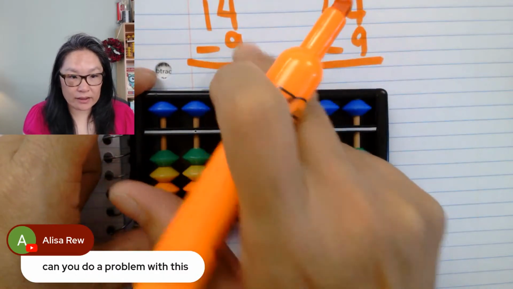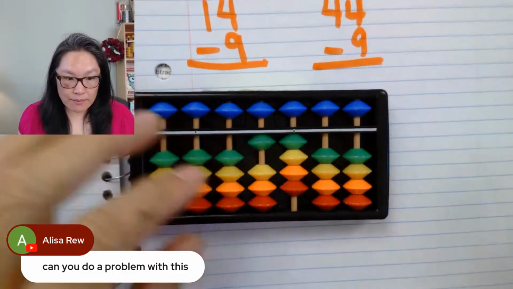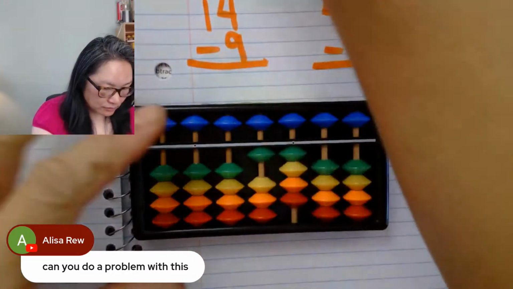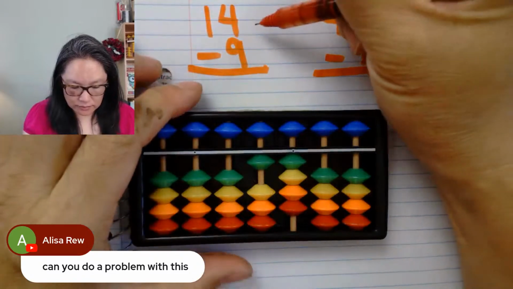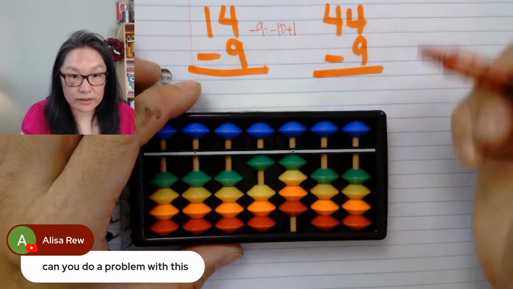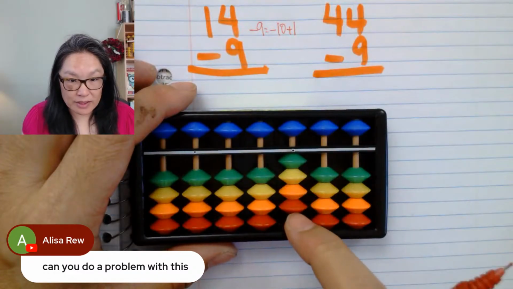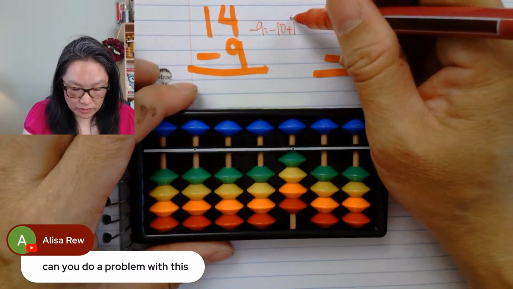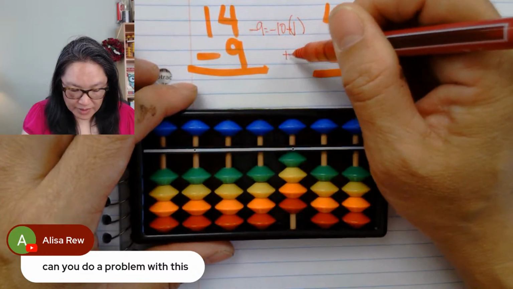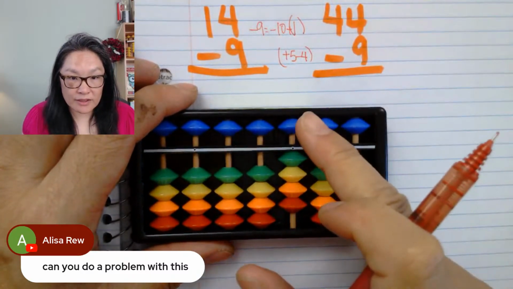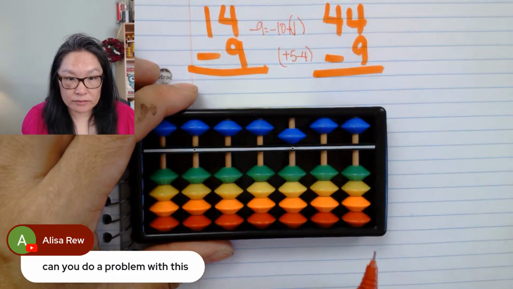I want to take away the 9. Minus the 9 is minus the 10 plus the 1. Can't plus the 1. What do I do? Plus the 5 minus the 4. My answer is 5.